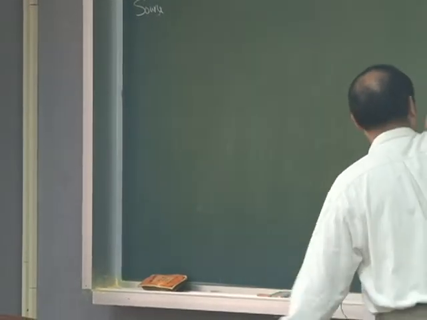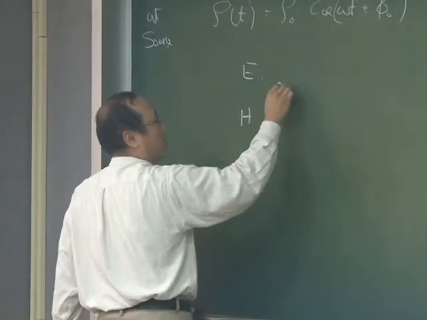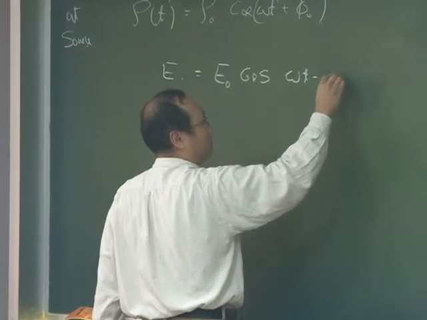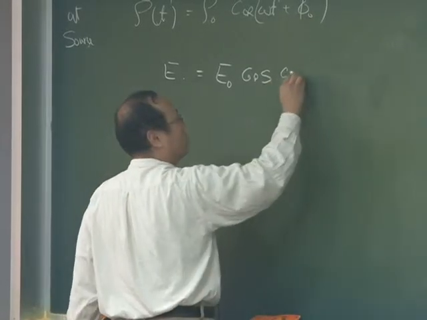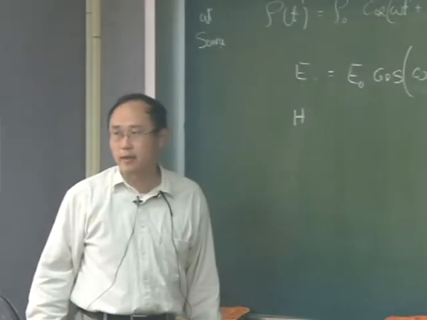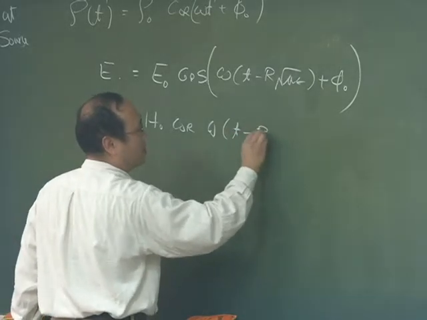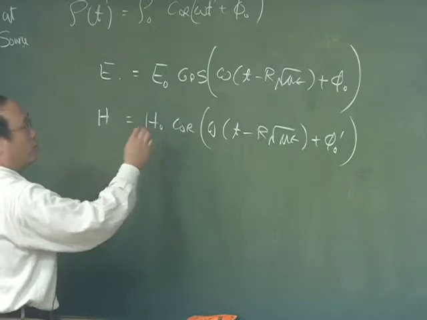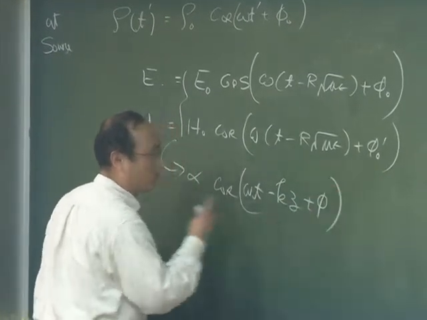So again, if you express your E field or H field in the form, say, E naught cosine omega t minus r square root mu epsilon plus some initial phase, and the same thing for H, H naught cosine omega t minus r square root mu epsilon plus phi naught prime, then you can continue to write this expression as cosine omega t minus kz plus some initial phase.